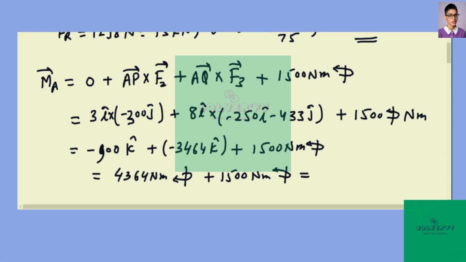So your answer will be 2864 Newton meter in the anti-clockwise direction, or you may write 2.9 kilonewton meter in the anti-clockwise direction. So this is the answer for this problem. Thank you for watching the video.